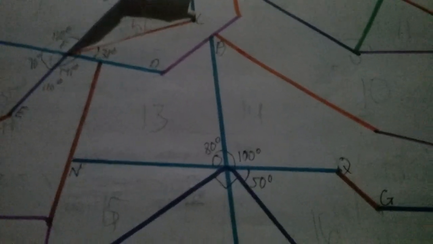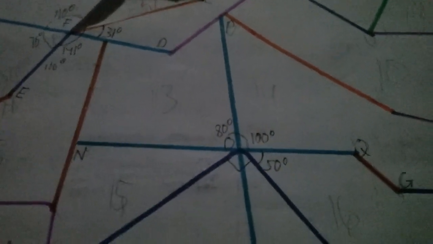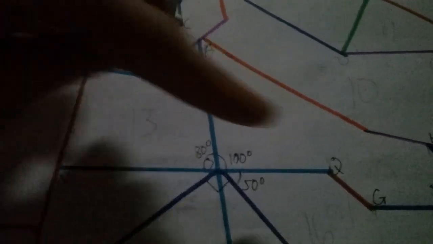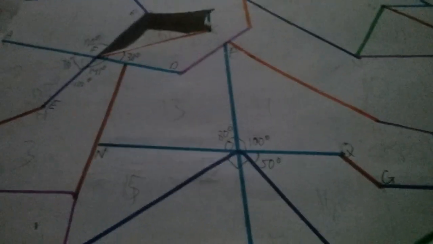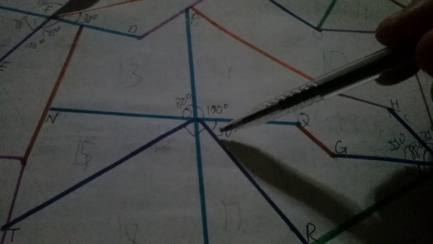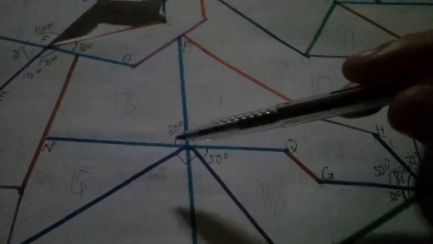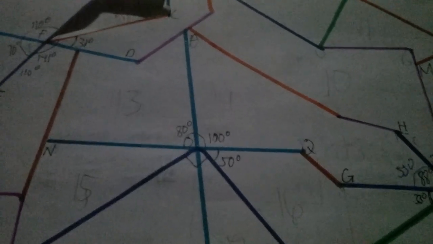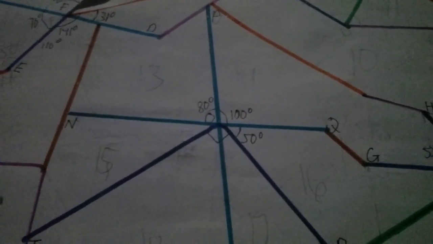Now that we've got 80 degrees, it's time to solve for the remaining angle. We have 80 degrees for this angle, 100 degrees for that angle. Another clue is 50 degrees for this angle right over here. And then 90 degrees, because when you see the box, it means a right angle. Now what do we need to do?